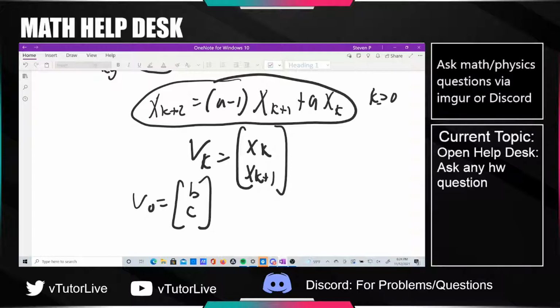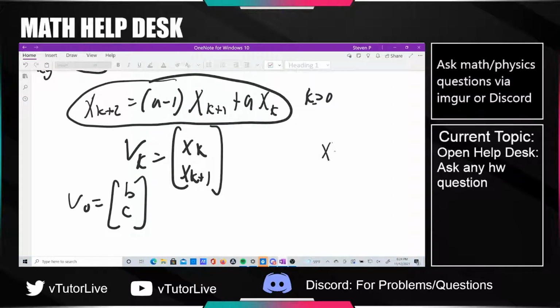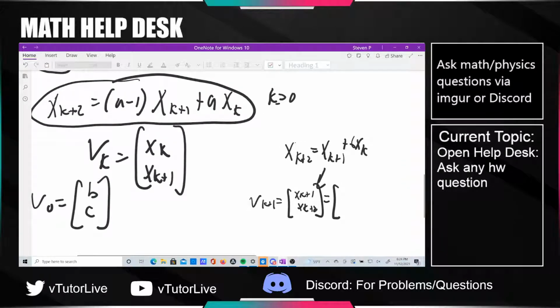So look at their example. Their example was when the recurrence was xk plus 2 is equal to xk plus 1 plus 6xk. They turned this into a matrix that looks like vk plus 1 is equal to xk plus 1, xk plus 2, equal to xk plus 1, 6xk plus xk plus 1.